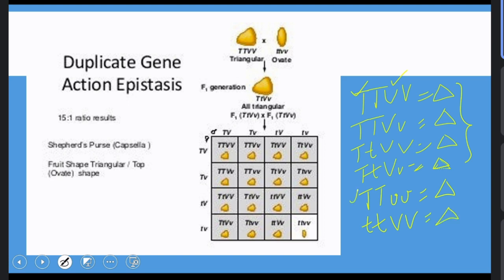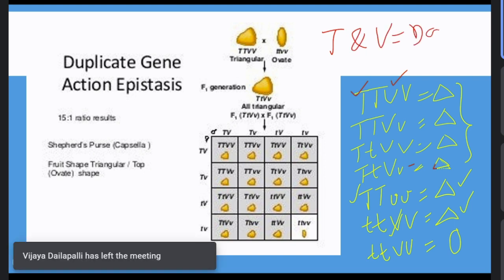That means capital T alone can produce the same shape. Capital V alone can produce the same shape. When all are recessive, small t, small v, double recessive, then only the ovate shape appears. Thus, in this case, there are two genes, T and V, in dominant state.